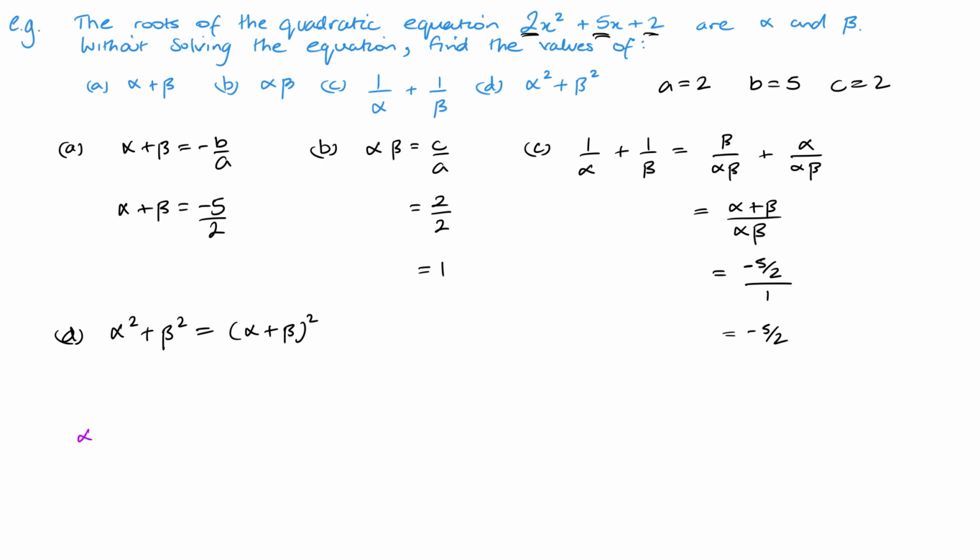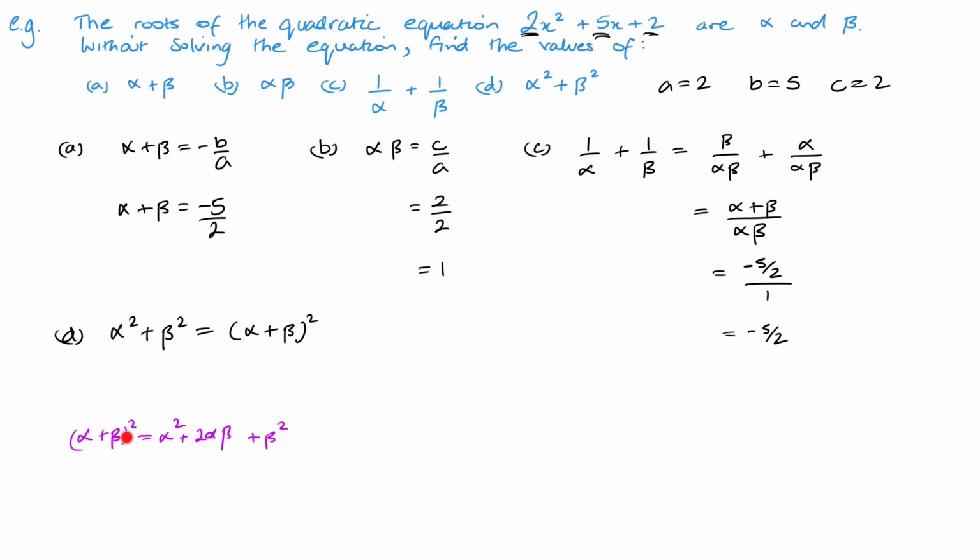If I expand this alpha plus beta squared, I'm going to get alpha squared. I'm also going to get a beta squared out of it, aren't I? But I'm also going to have a third term that I don't want, which is the 2 alpha beta. So expanding this is going to give me 2 alpha beta like that.